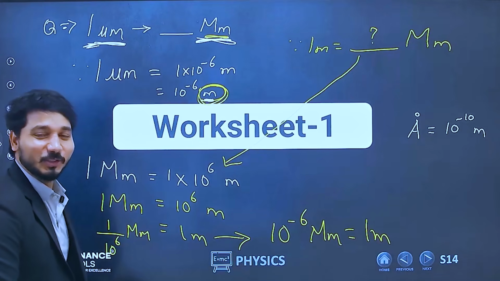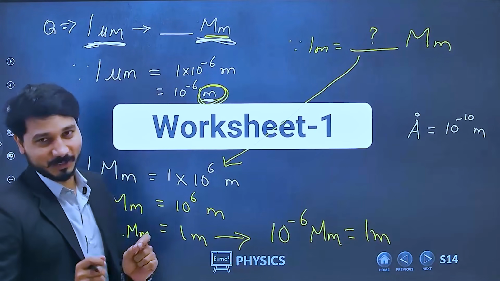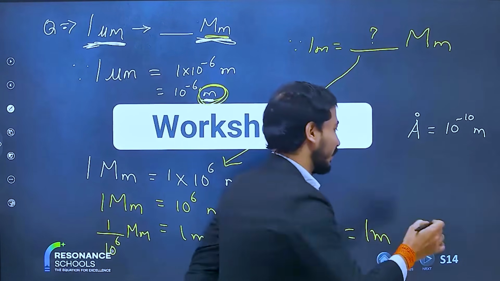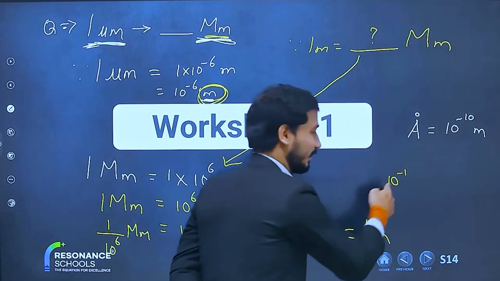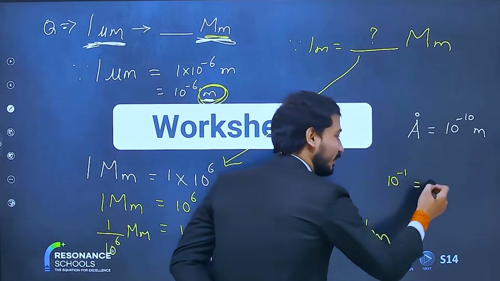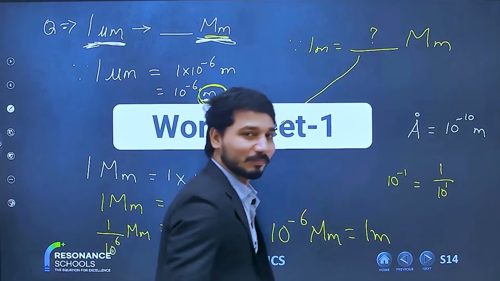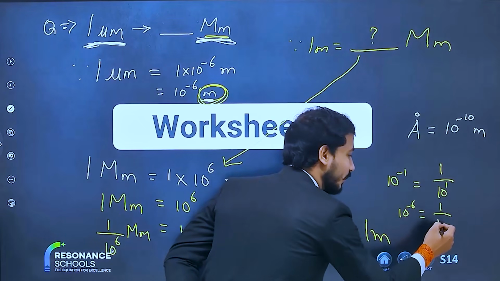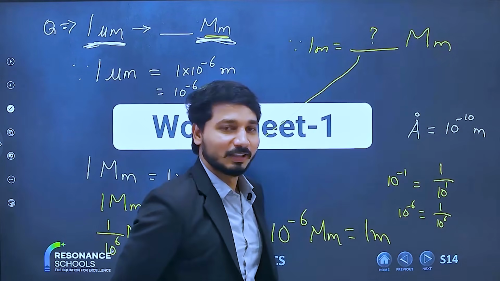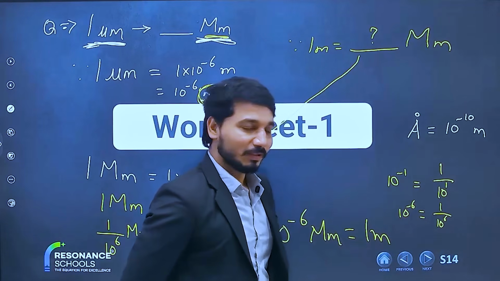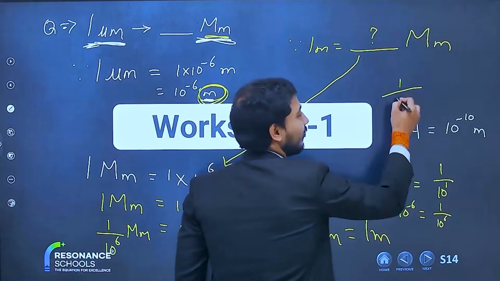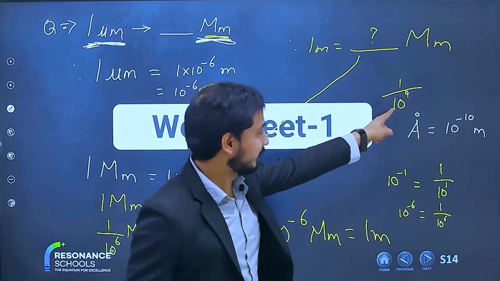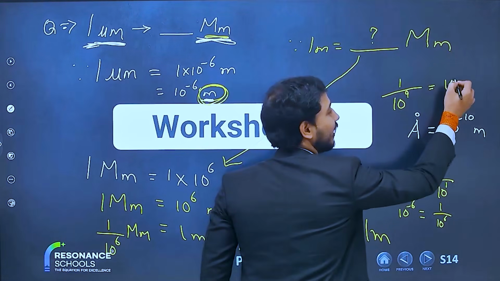Those who are saying no, please just remember basic maths. If any number is written like 10 to the power minus 1, it means 1 by 10 to the power 1. If it is written 10 to the power minus 6, it means 1 by 10 to the power 6. Similarly, 1 by 10 to the power 9 can also be written as 10 to the power minus 9.